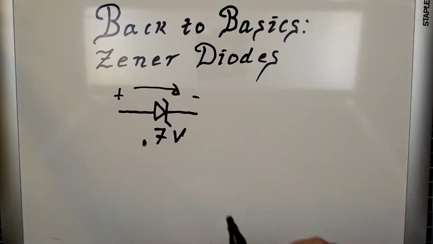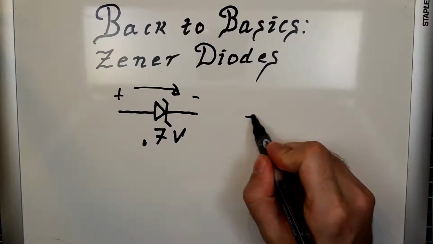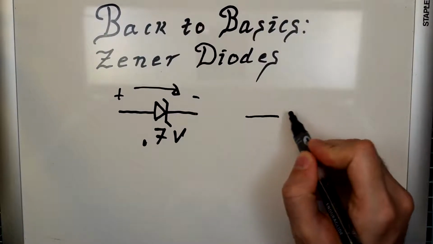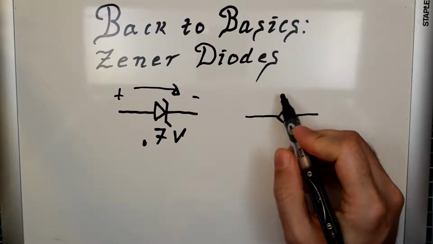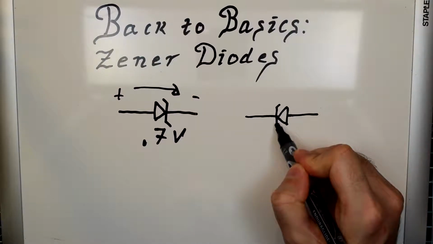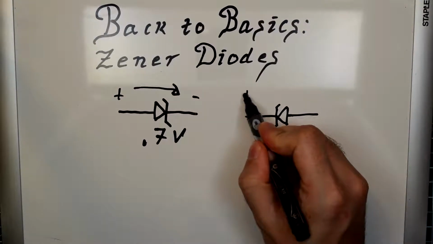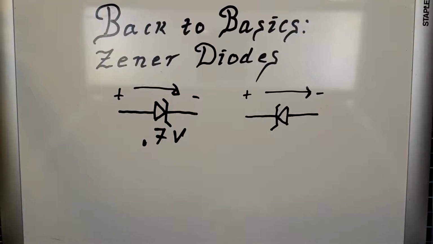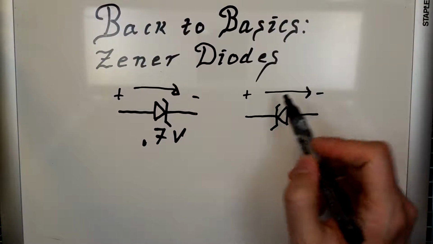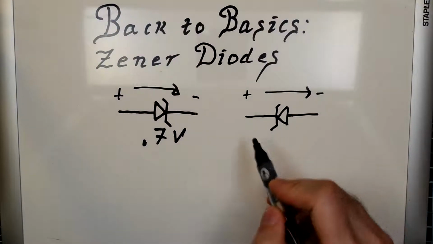Now, the really cool part is when you take a Zener diode and you put voltage on it in this direction. So we'll put the positive here and the negative here. Now, for your normal everyday diodes, say a 1N4007, nothing's going to happen until you hit about 1,000 volts.